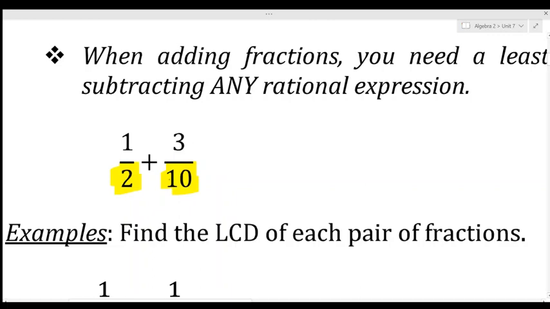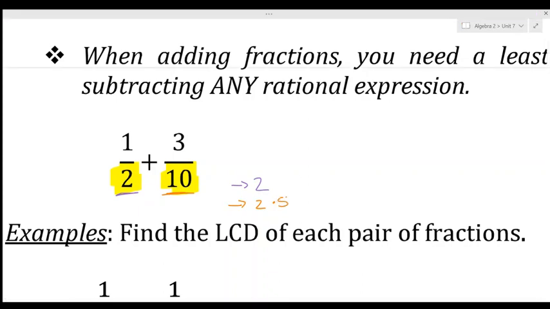So we have 2 and 10. These aren't the same, so we have to break these down into their smallest bits. Well, 2 we can't break down any further, so it's just going to be a 2. But 10 we can break down into 2 and a 5.